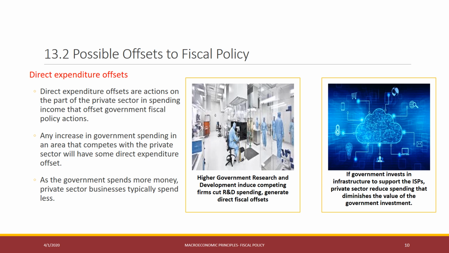This is clearly the case whenever the government spending is not a substitute for private spending, that is the cruise missile. However, a rise in the government spending can cause direct reduction in the private spending to offset it.